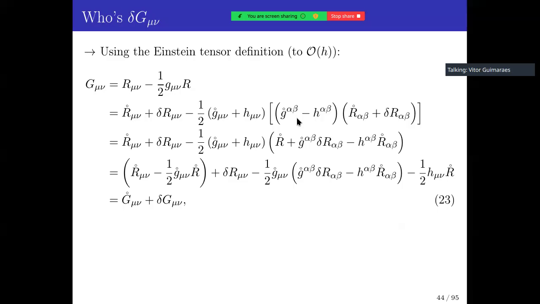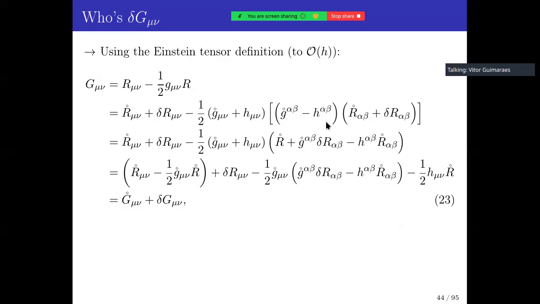Here we open up the Ricci scalar, which is the trace of the Ricci tensor. So we open up here the full inverse metric and the full Ricci tensor, just as we did here.